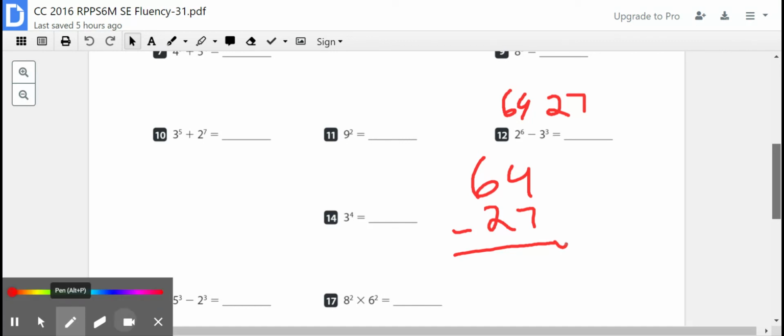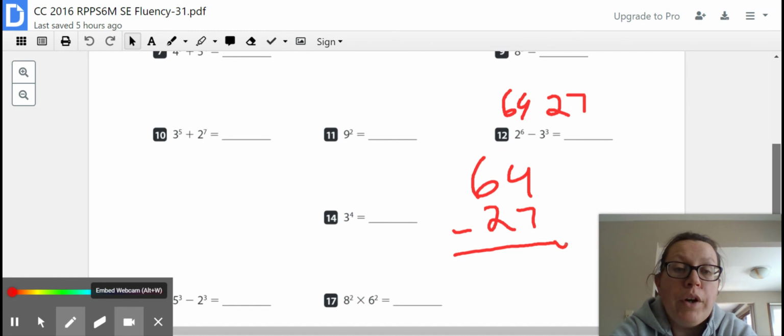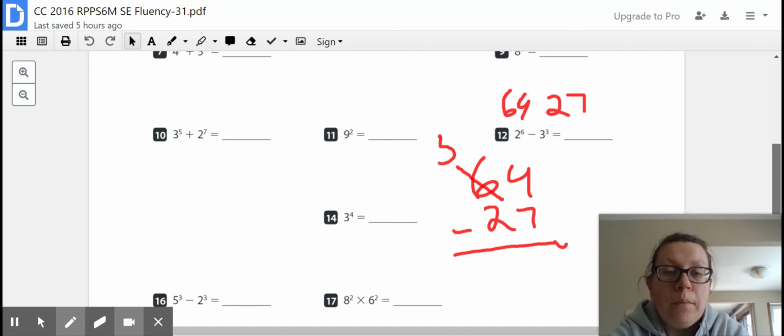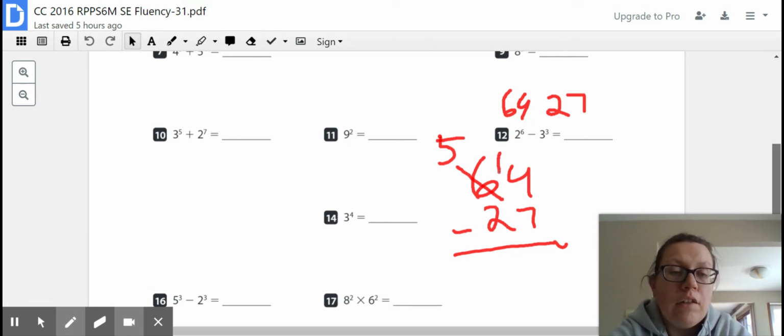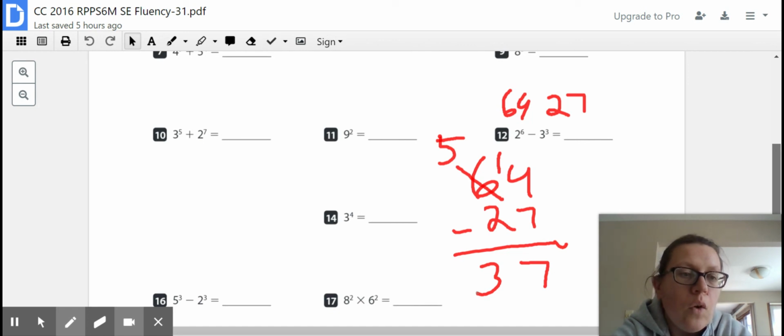And since we can't take away 7 from 4, we have to borrow. So this will become 5, and this will become 14. 14 take away 7 is 7. 5 take away 2 is 3. And so the final answer will be 37.